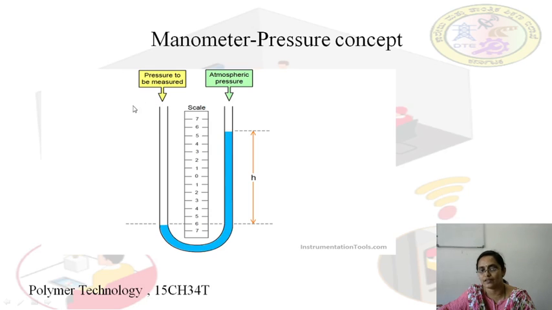A scale is placed, and the tube might be clamped to a wooden platform. The scale lets us note the height of the manometric fluid according to changes in pressure. So this H is called the pressure head.